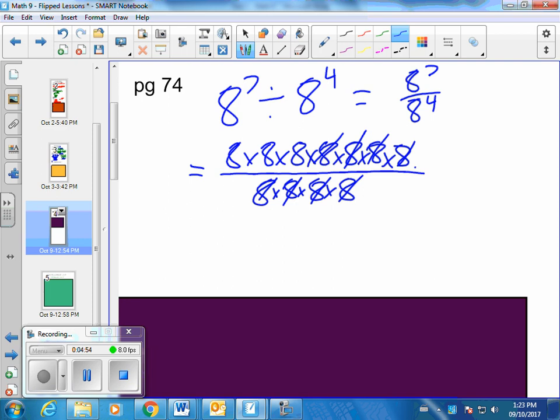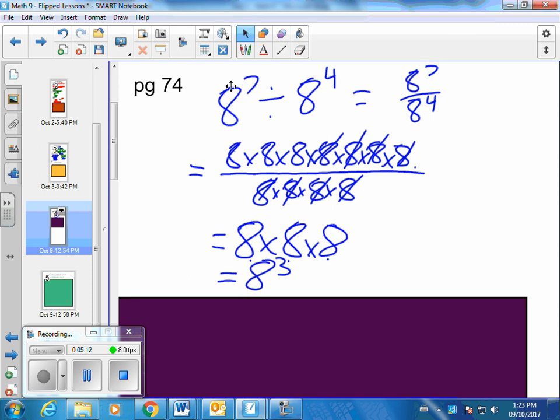So now what we're actually left with is just 8 by 8 by 8, which we remember from our last unit can be written as 8 to the third power, or 8 cubed.